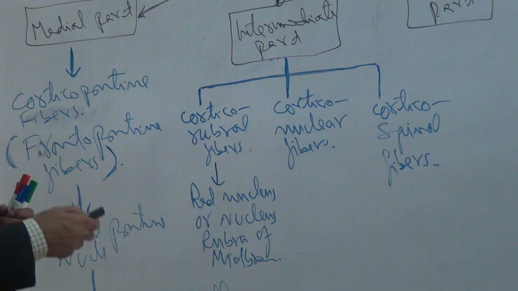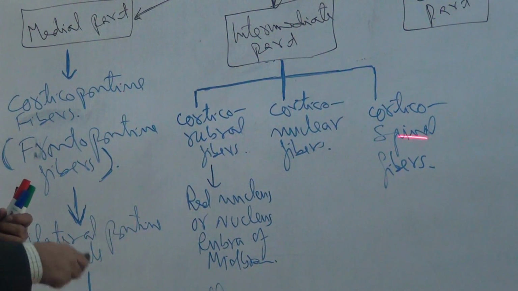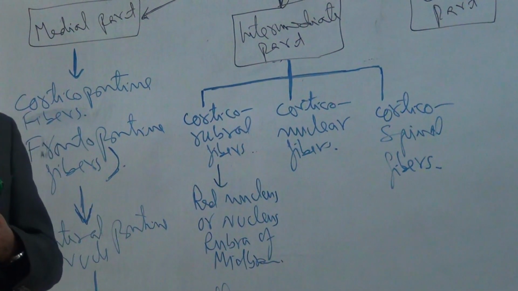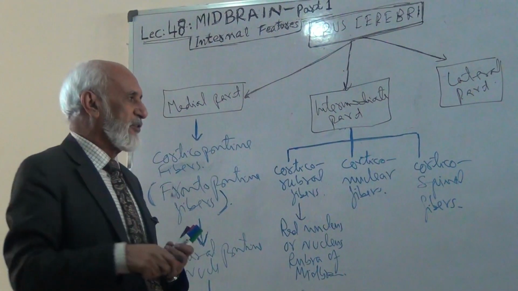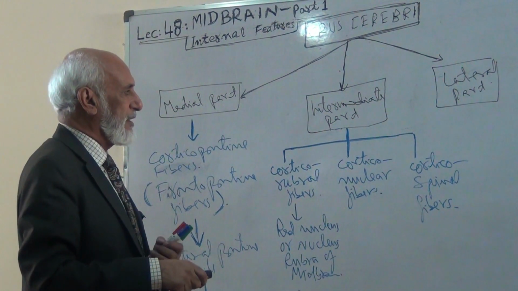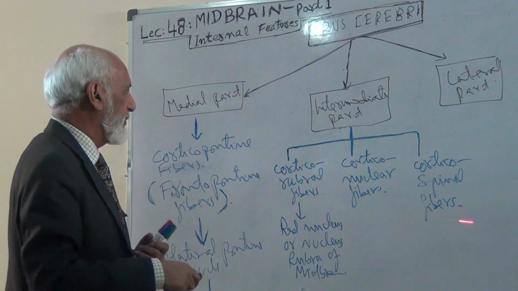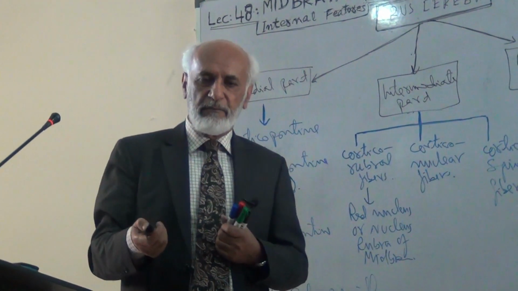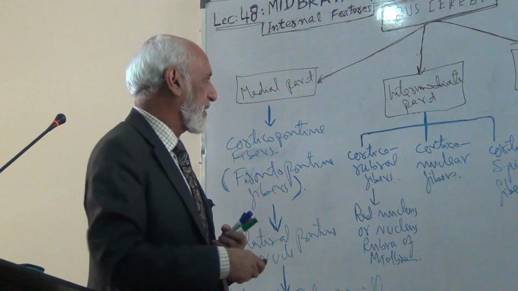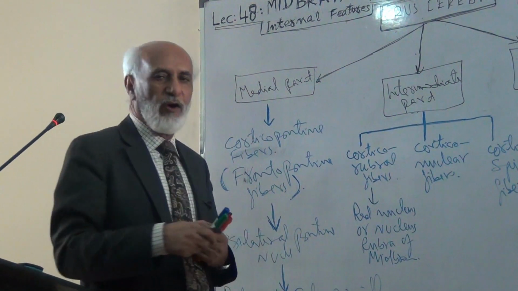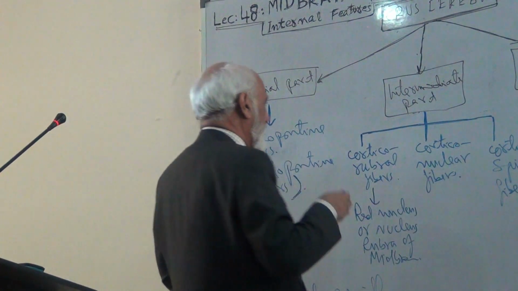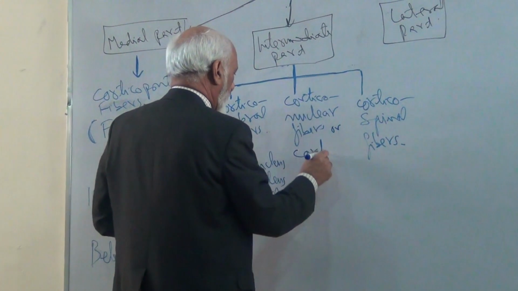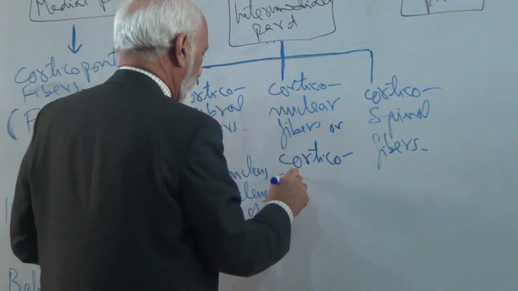Next, the descending tracts through the intermediate part are corticonuclear fibers. They arise from the cerebral cortex and descend through the intermediate part of the crus cerebri of the midbrain, then enter the pons and then the medulla oblongata. In the medulla oblongata, they terminate in the motor nuclei. These corticonuclear fibers are also known as corticobulbar fibers.